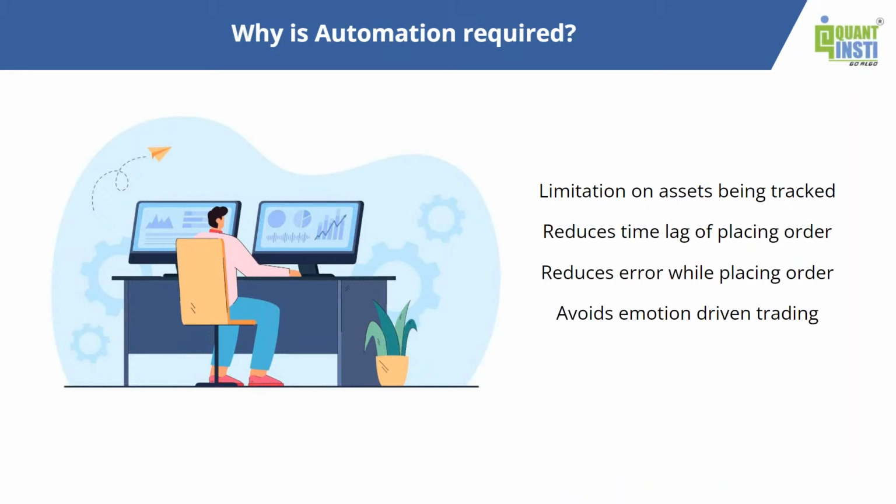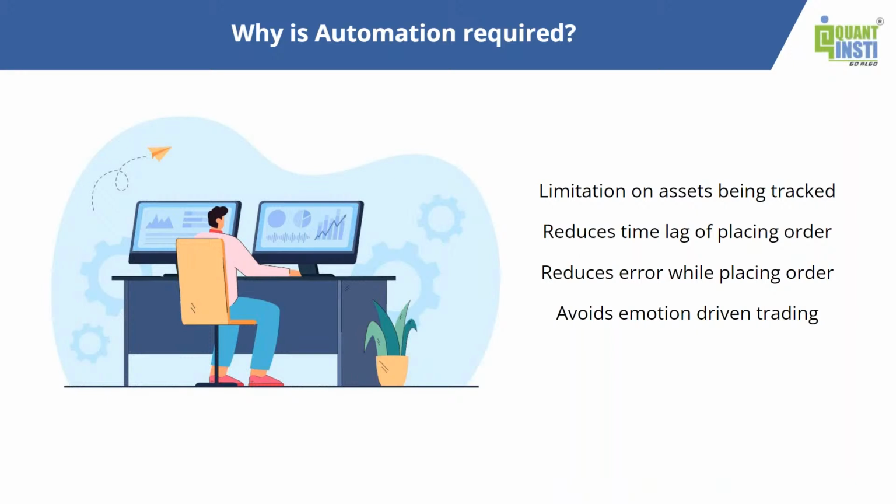By the time you make sure everything is done and you place that order, valuable time has gone, right? So in that way, it avoids error because it is an automated system. It simplifies the order as it is.